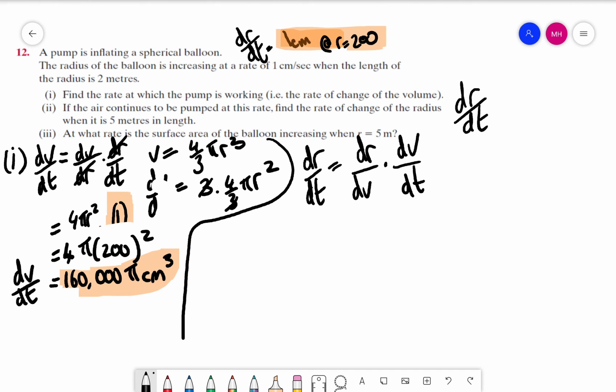We know dV/dt, we've just worked it out over here. We said that's constant, so that is going to be equal to 160,000 pi centimeters cubed.